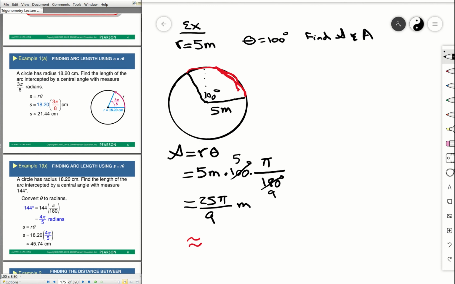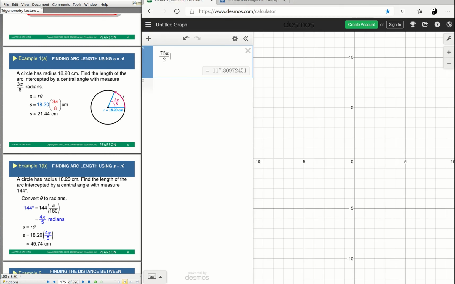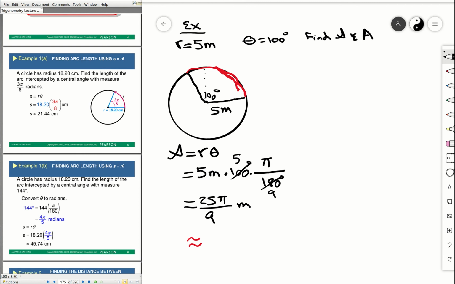So let's do that. 25 pi over 9. And we get approximately 8.73 meters.